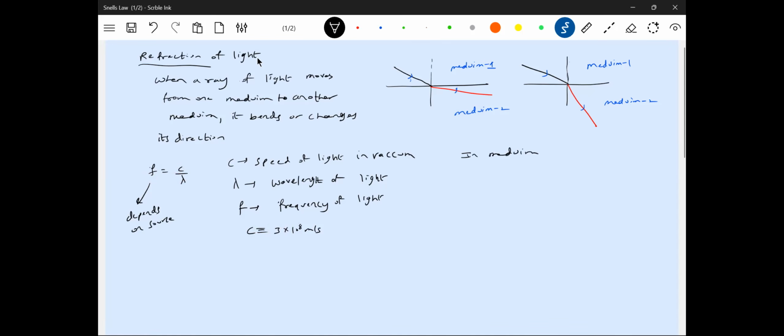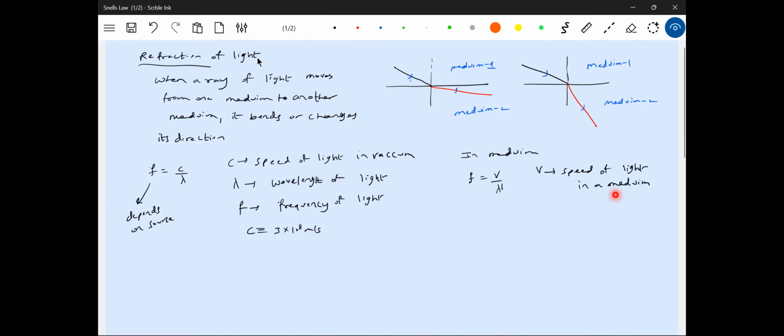Now the same light, when it propagates in a medium, the equation will be f equals v by lambda dash. What is v? v is the speed of light in the medium.